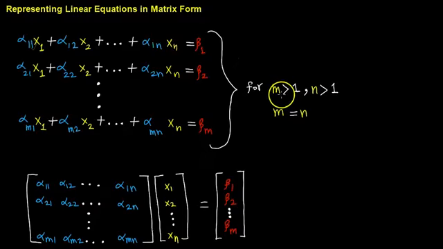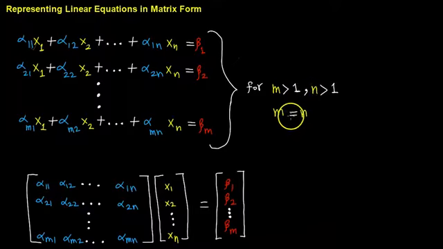Now the sizing for the matrix, or the equations, would be m greater than 1, so more than one equation, and n greater than 1, so more than one column, or more than one variable, basically. Because otherwise that's a trivial case, right? That's just something times x1 equal to some number. That's very trivial. That doesn't require linear algebra or matrices.